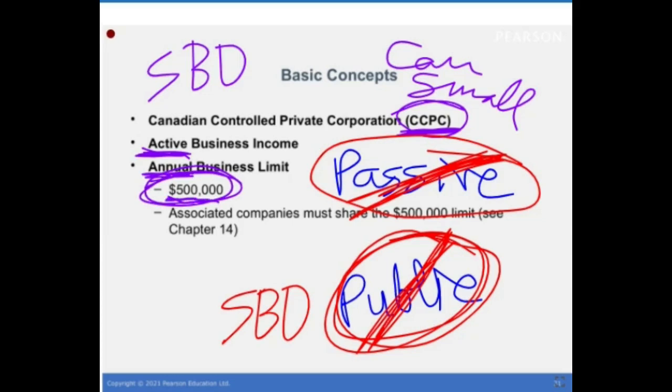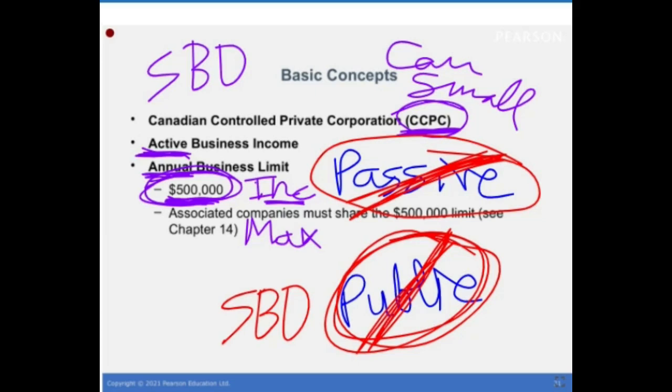It's the most income you can possibly use this deduction against. We're going to talk about that specifically, but it's $500,000 of qualifying income. That's your maximum.